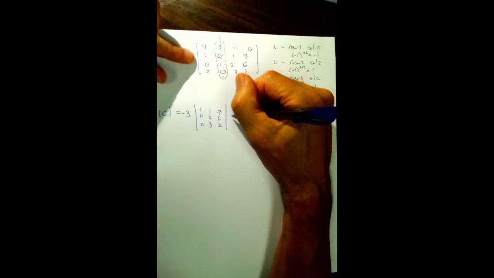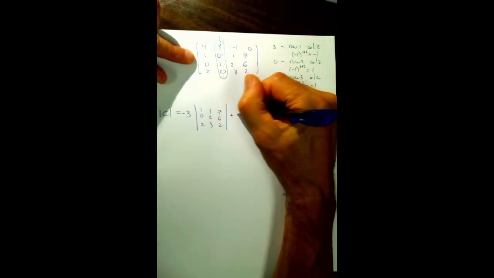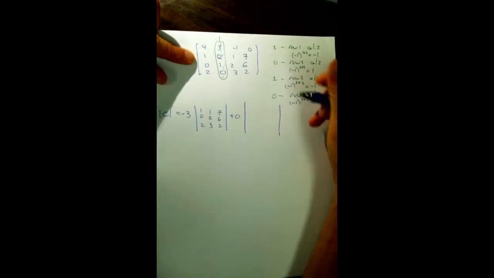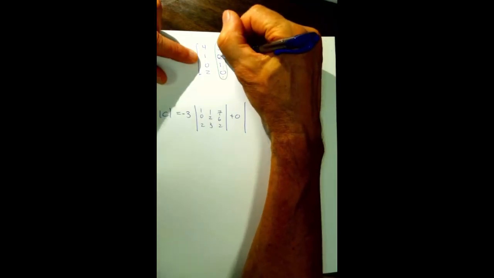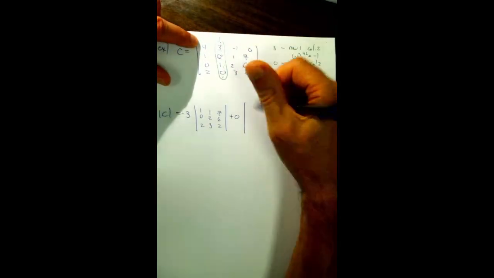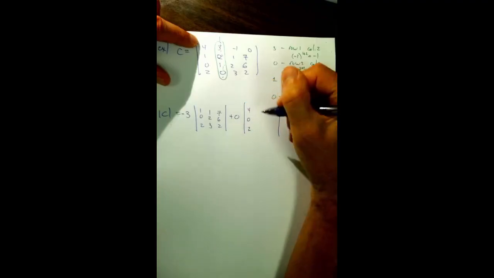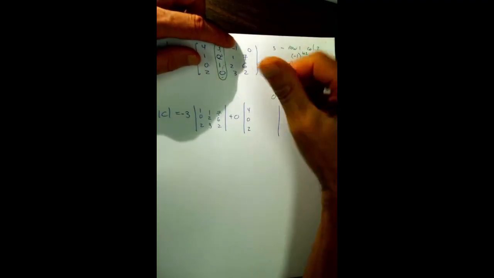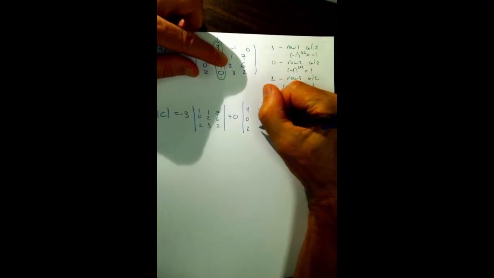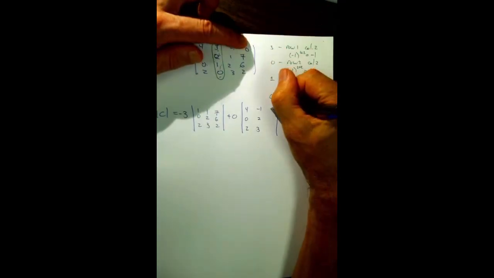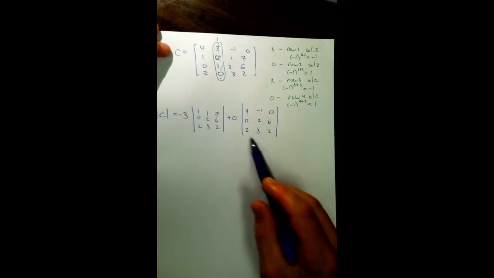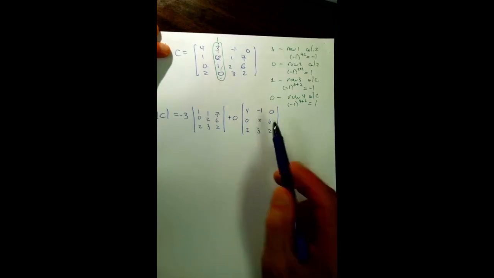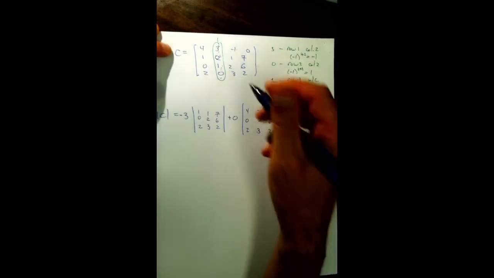For this term, I'm going to have plus 0 times the determinant. If I remove that row and that column, I'm left with 4, 0, 2, minus 1, 2, 3, then 0, 6, 2. But note, it doesn't matter what that is. It's going to be multiplied by 0, so I can just toss it.